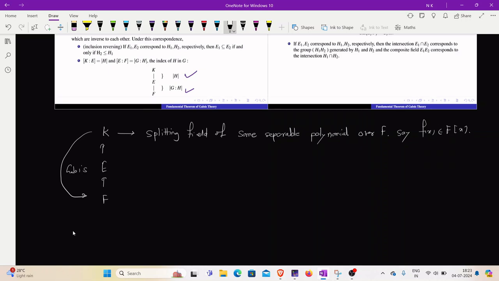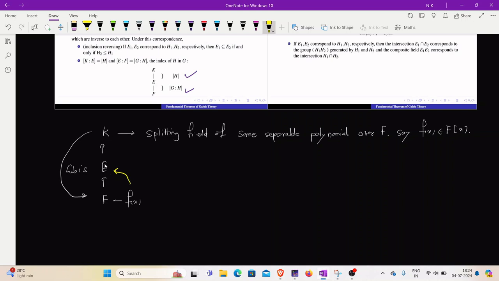Now f(x) is a polynomial which is defined over F, so all the coefficients of f(x) are in F, but F is contained in E. So definitely f(x) can be observed as a polynomial over E also. And now K is a splitting field of f(x), right?